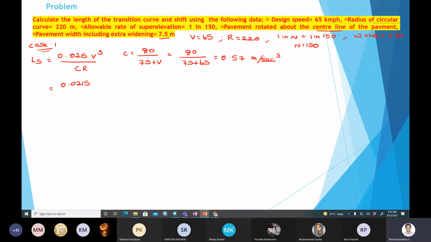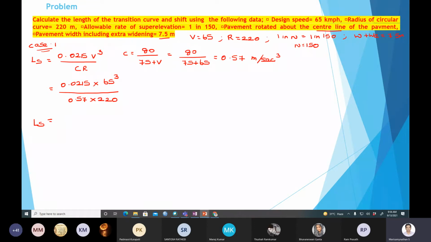0.0215, V is nothing but 65, 65 cube divided by C, which is estimated as 0.57. The radius is given in the problem as 220 meter. When you substitute all the values, you get the length of the transition curve with respect to the allowable rate of centrifugal acceleration, allowing C as 0.57 meter per second cube.